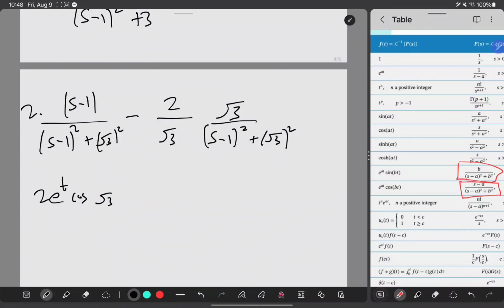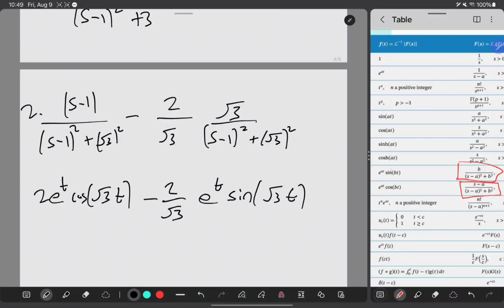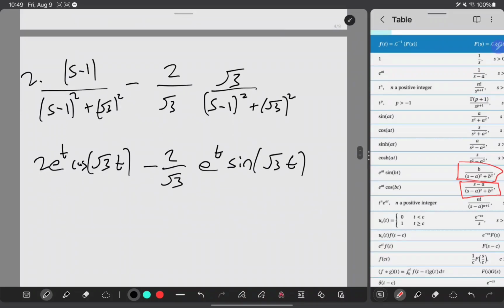Same thing over here. Minus 2 over root 3 e to the t sine, same thing, root 3 t. It's the same exact formula. All right, that's our little y of t.